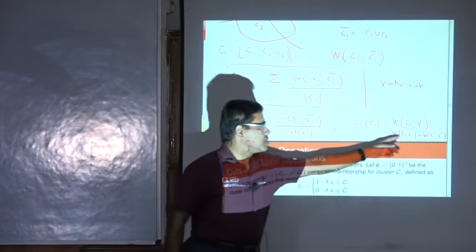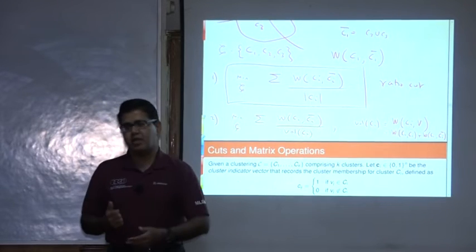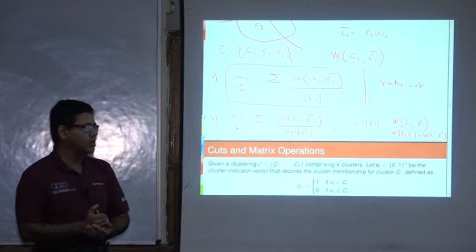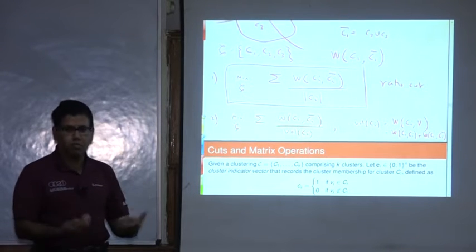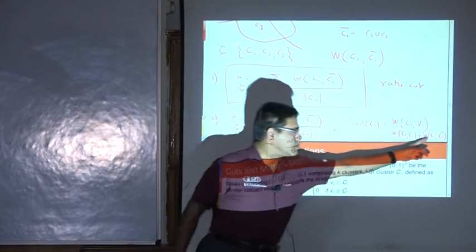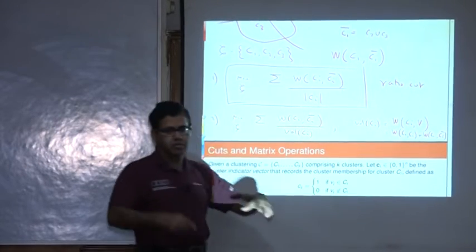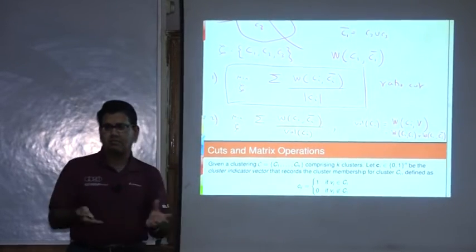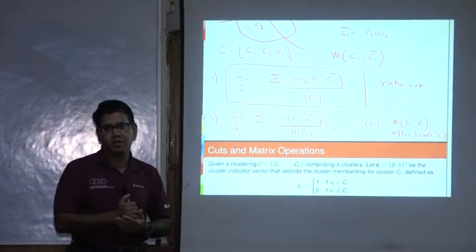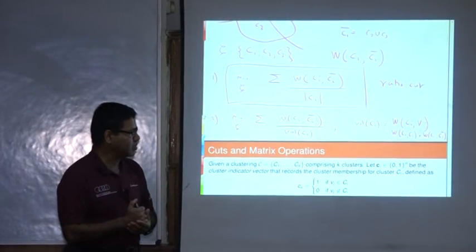Obviously, you want the internal weights to be higher, but the objective will take care of that, because those are the similarities. The higher the volume, the more the W(Ci, Ci) terms, the better off, because you're anyway trying to minimize this part, right? So a higher volume means that the internal weights are really high. So it will automatically take care of that as part of the objective.